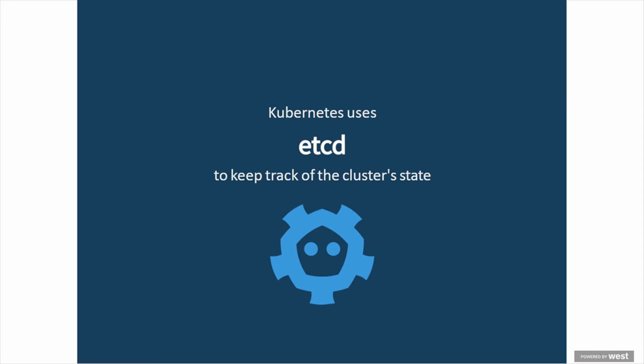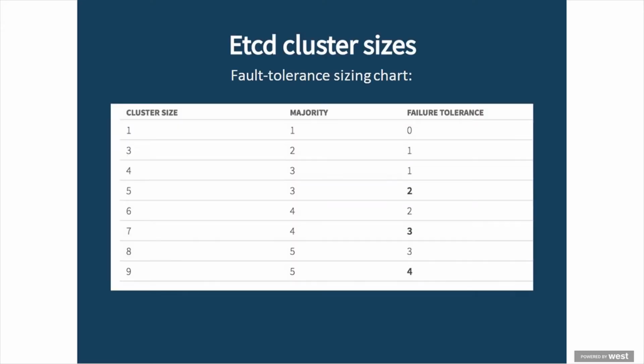Behind the Kubernetes API is a distributed data store called etcd. etcd is used to keep track of the cluster's state. Depending on the amount of tolerance you want to have for failure in your cluster, you might choose to have more or fewer etcd instances, as well as Kubernetes API instances.